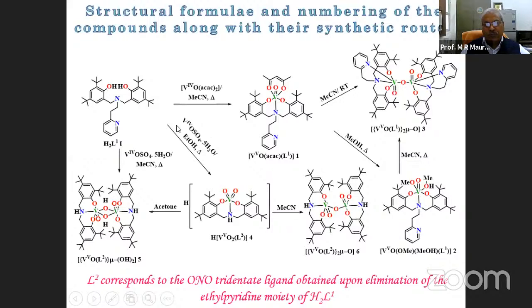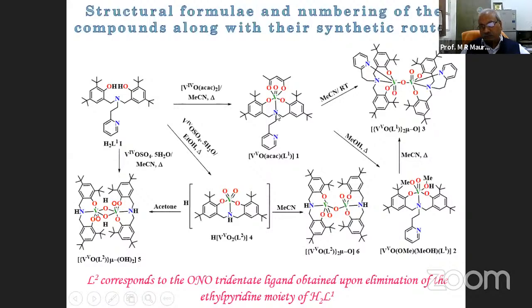When you react with vanadyl sulfate in ethanol, this gives the dioxo compound. In acetonitrile, it could give you the V2O3 type of species. This compound is acetyl acetone coordinated, where one arm is not coordinated to the vanadium center. When you stir in acetonitrile, that gives you very nicely the V2O3 type compound where this pyridine nitrogen is coordinated.